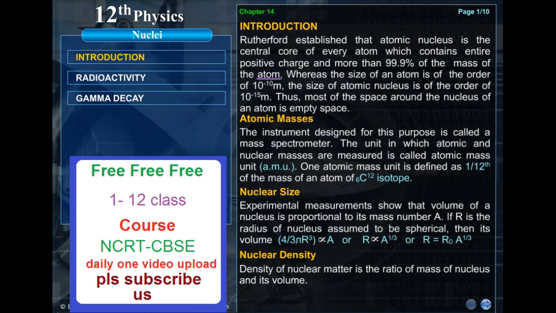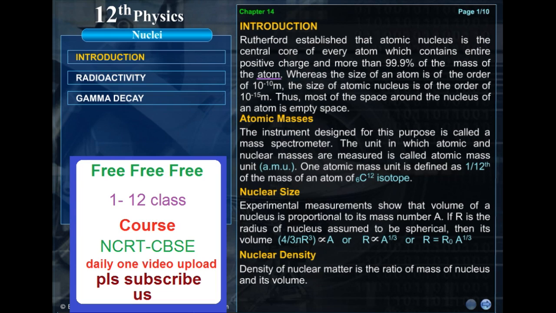Nucleus size. Experimental measurements show that the volume of a nucleus is proportional to its mass number A. If R is the radius of the nucleus, assumed to be spherical, then its volume 4/3 pi R cubed is proportional to A, or R is proportional to A to the power 1/3, or R is equal to R0 A to the power 1/3.